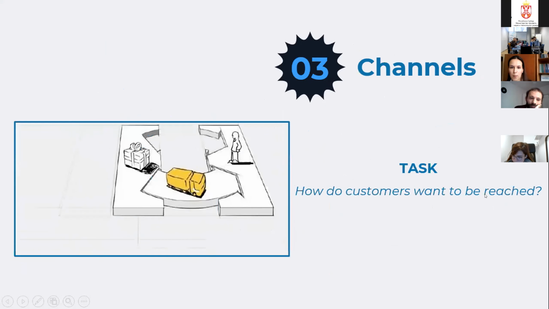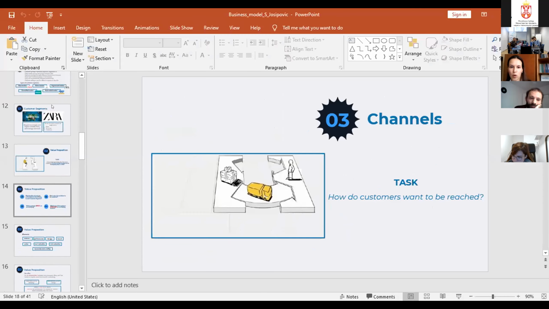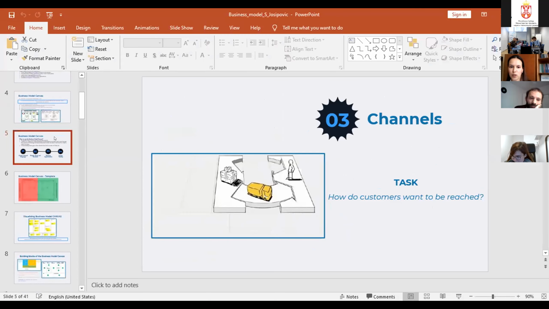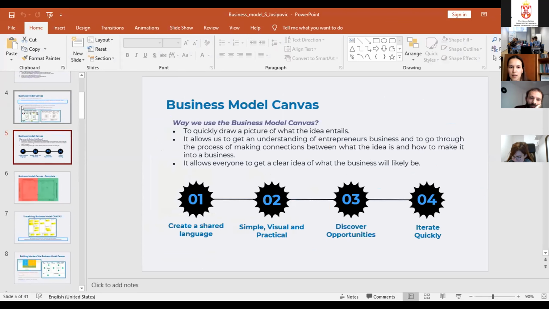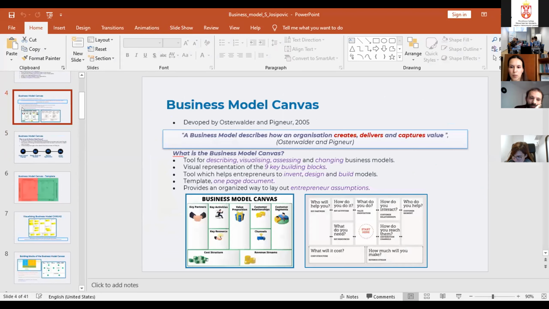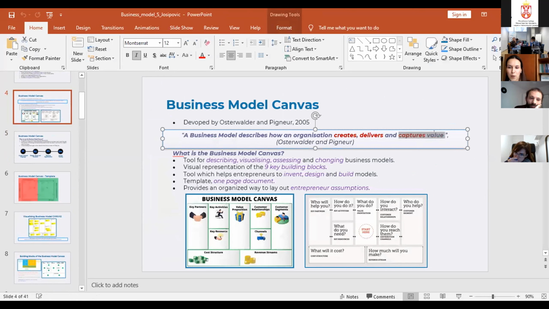If you remember from the beginning of our presentation, when I defined the business model, I said that it's very important to remember this definition of the business model, and that is that a business model describes how an organization creates, delivers, and captures value.